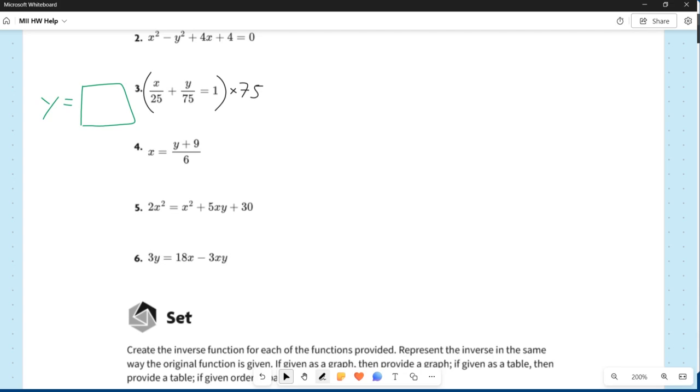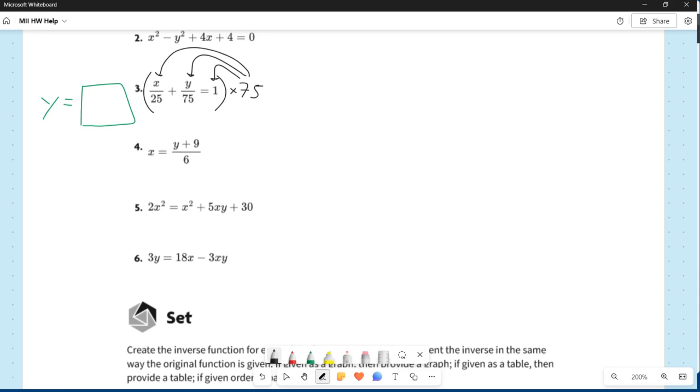What's going to happen here is this 75 is going to get distributed to all three terms inside my equation: the x over 25, the y over 75, and the 1. Just to make sure this is abundantly clear, this step might not be necessary, but I'm going to include it anyway. The 75 is just going to go into the numerator of all these fractions.